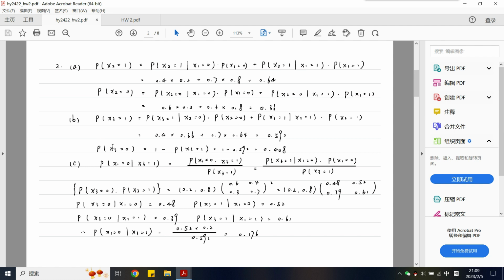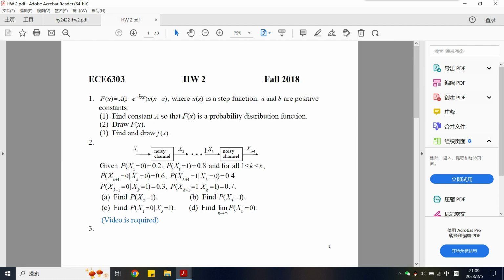Then we also need the probability that x3 is 0. Since they are mutually exclusive, we can just use 1 minus the probability x3 is 1 and get the answer 0.408.